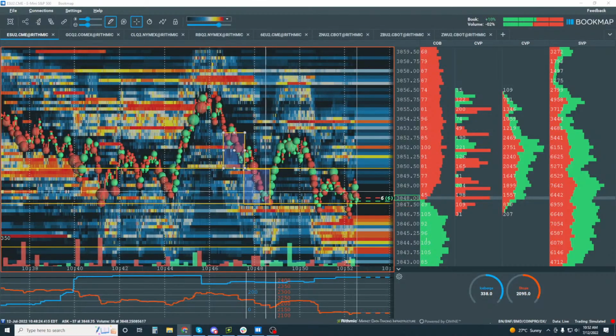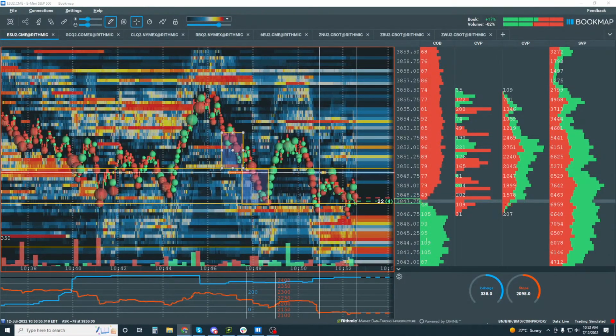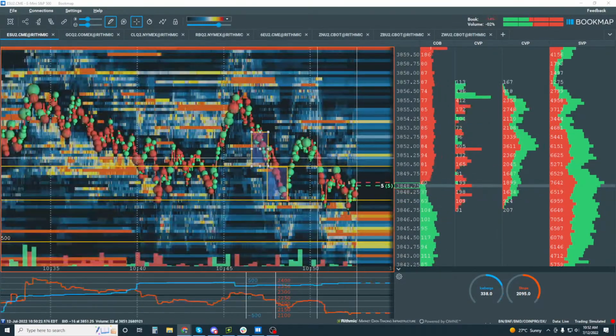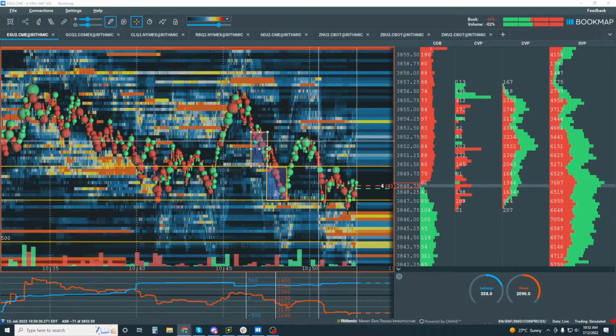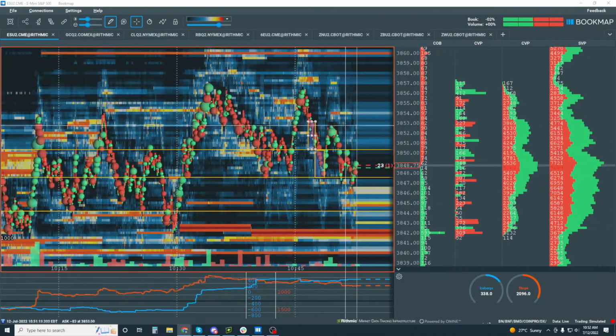Okay, really choppy in here though. They came back up again, and that's a lot of buying in here. But look at how choppy it is. Sellers come right back, and we're back down here again. Now, one of the things to consider on something like this is we're going with the bigger picture.